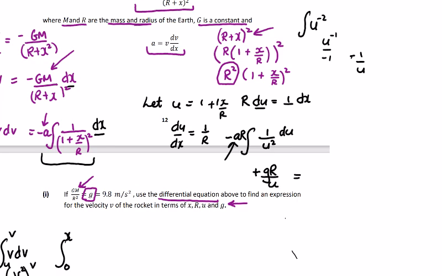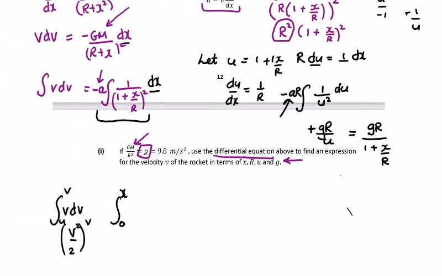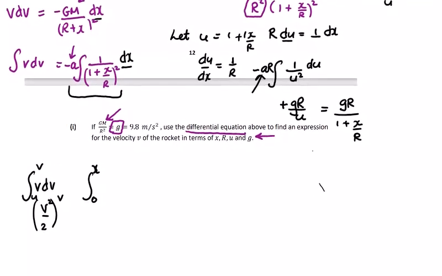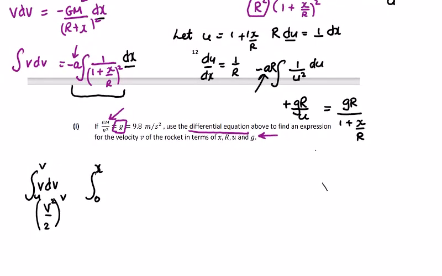And we let u equal 1 plus x over r, so g r squared over 1 plus x over r. Looks like the integrated part. This seems a bit crazy. So between x, if we put x in, we'll get this value, and if we put 0 in for x, we'll just get g r squared over 1, or just g r squared.